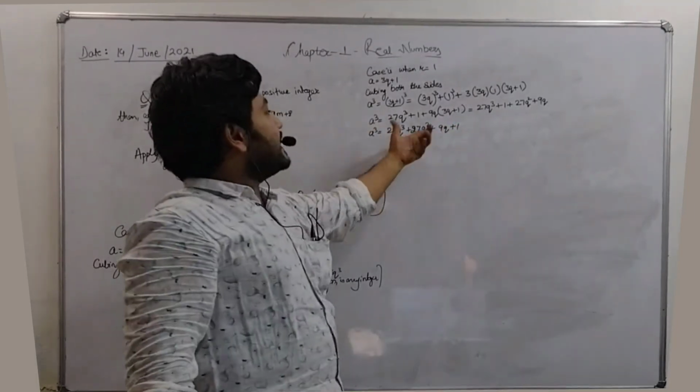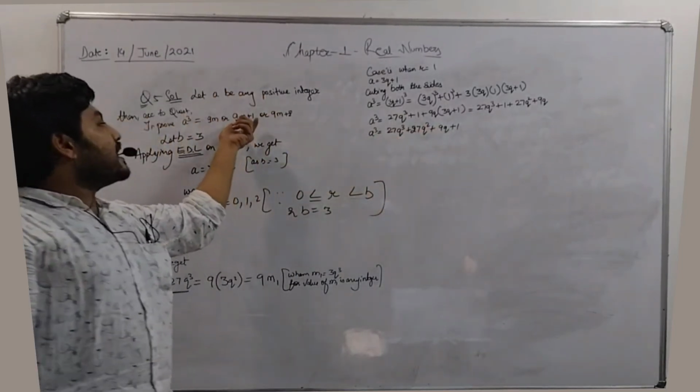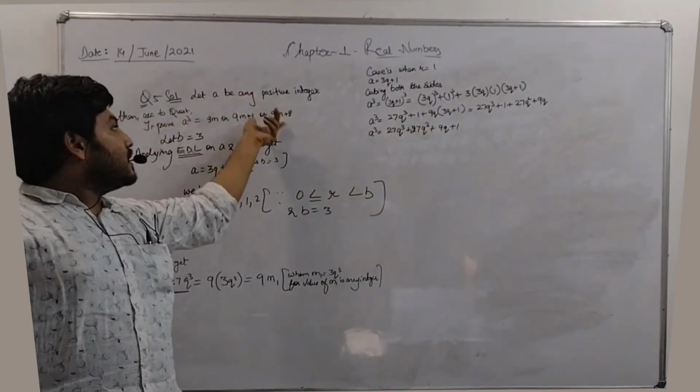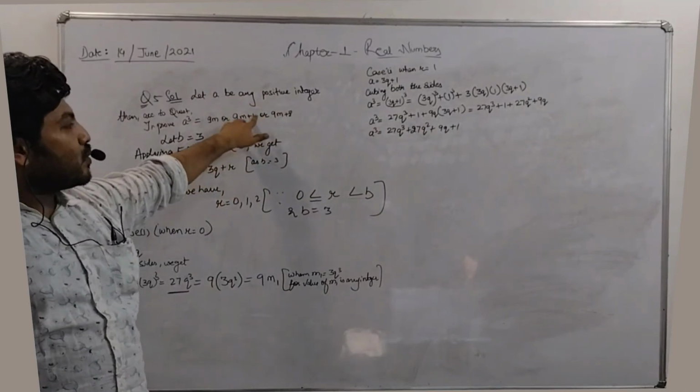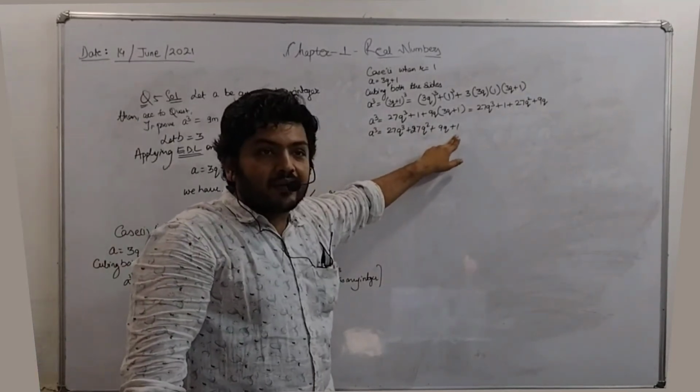So can we say that in simpler form, is this 9m plus 1 or 9m plus 8? So we can say here 9m plus 1, we have plus 1 over here, right? We can easily say that.